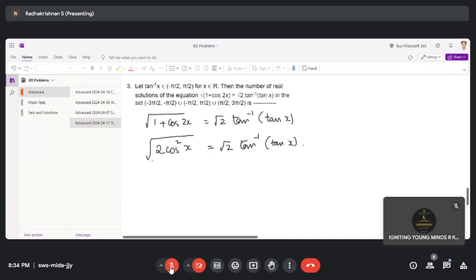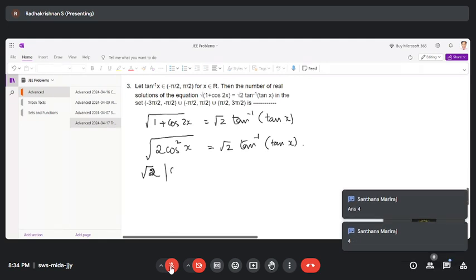So this is root 2 into... here we have to be a little careful. Square root is a function that will return a positive value. A square root of a number has both negative and positive values, but the square root function will always return a positive value. So here we go to mod of cos x.